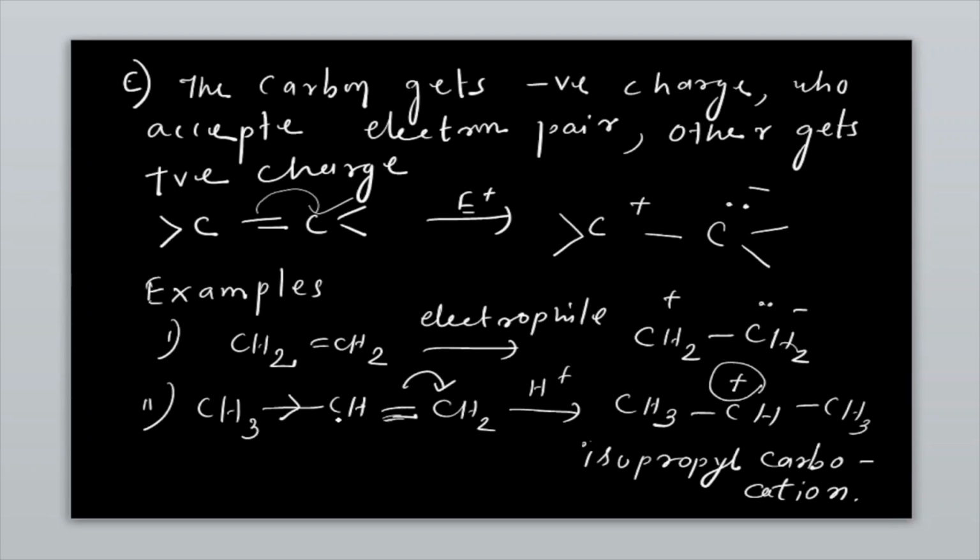So the electrons are pushed towards this CH2 with the help of CH3, the alkyl radical, where the plus I effect is more. Now it is H plus, so CH plus is produced, that is called a secondary carbocation.